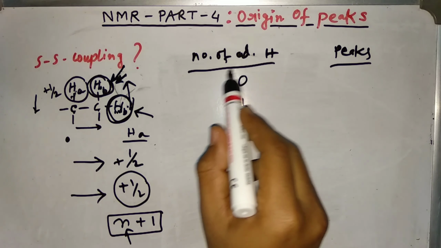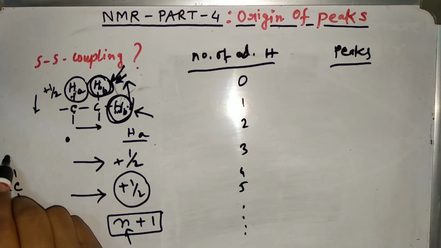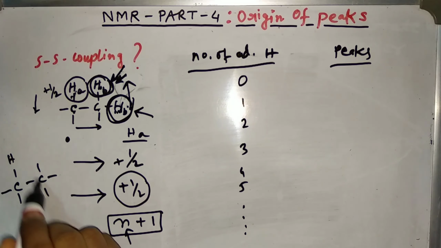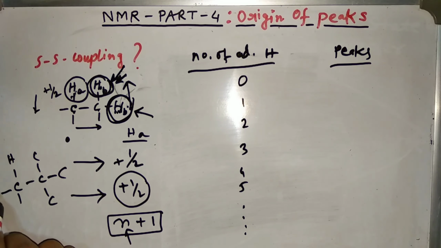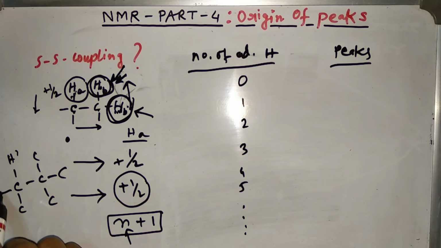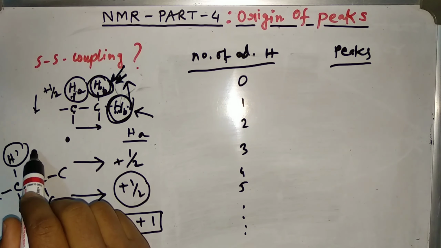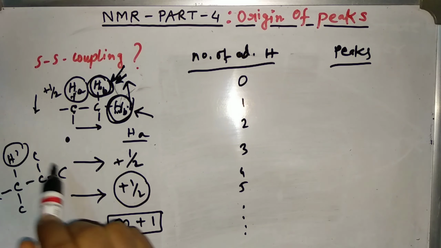So here the number of adjacent protons is 0. Like this system, suppose H and C with this carbon, another 3 carbons are present, so here also carbon. There is no adjacent proton, so with this hydrogen there are no available adjacent protons to couple.